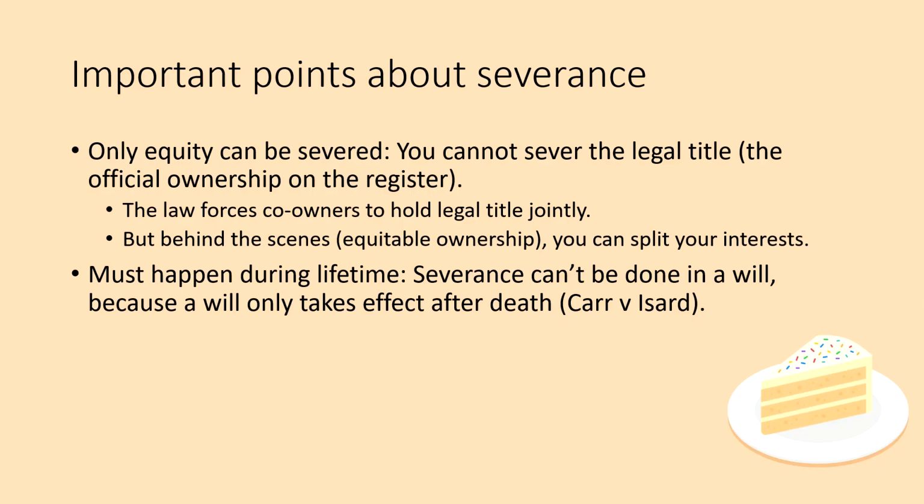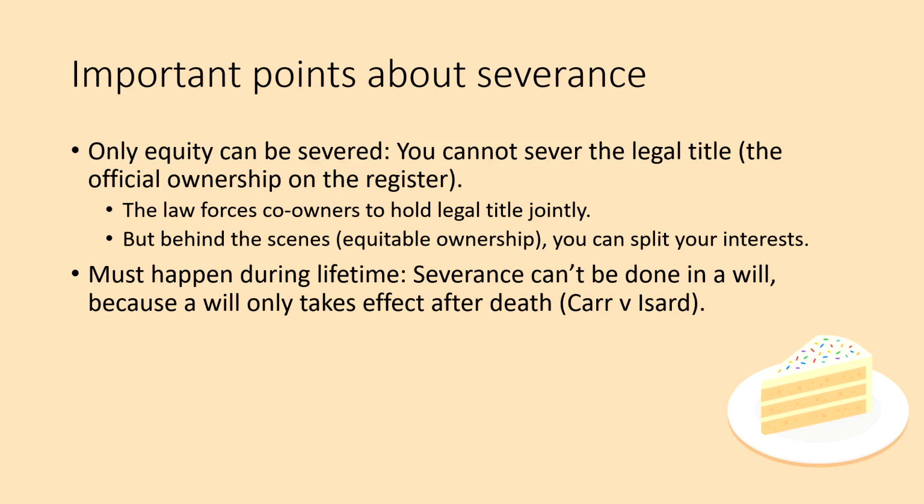And this obviously must happen during the lifetime. Okay, so it must happen while the tenants are still alive in order to take effect. You can't just say in your will that you want to give the share that you own to, I don't know, your son or your daughter, whatever you want, because that is not allowed in a joint tenancy.